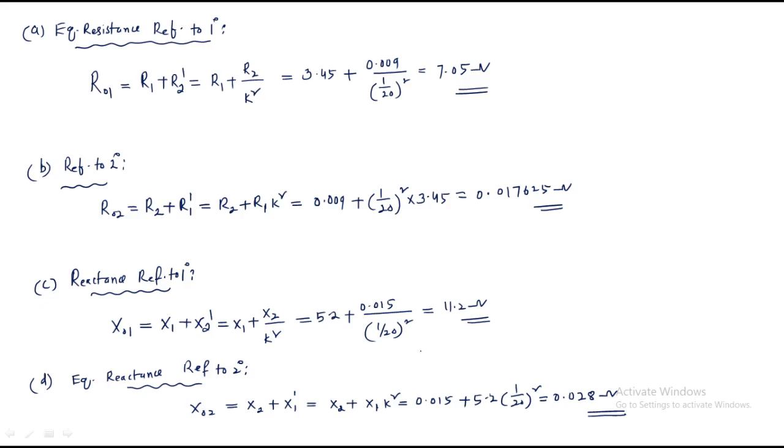Next we have to calculate equivalent impedance referred to primary, that is E. Right? That is Z01, which is equal to R01 plus JX01.